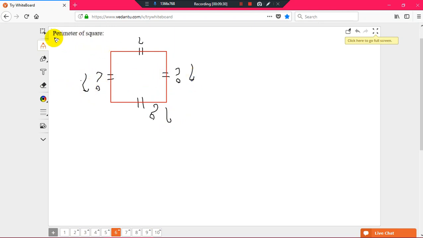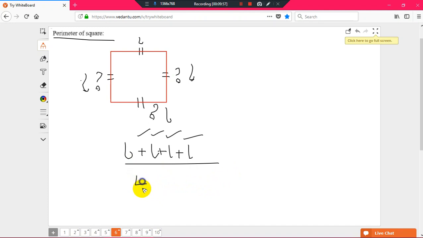So to find the perimeter, we are going to add the sum of the boundary of a square, that is L plus L plus L plus L. Now, how many times is L repeating? 4 times.